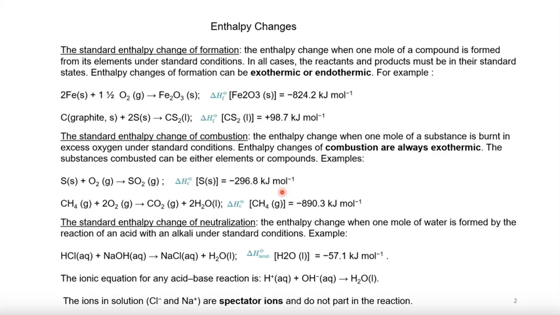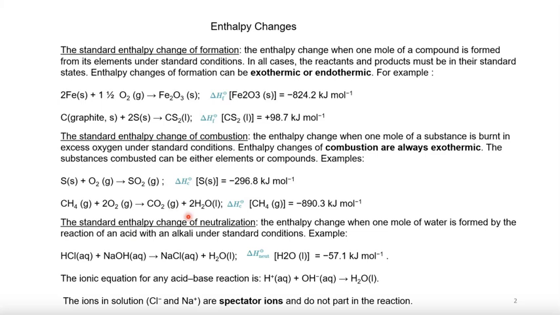Similarly, when we burn methane gas with excess oxygen, we get carbon dioxide and water, and therefore the standard enthalpy change of combustion of methane gas is minus 890.3 kilojoules per mole.